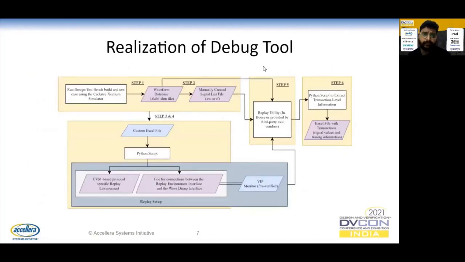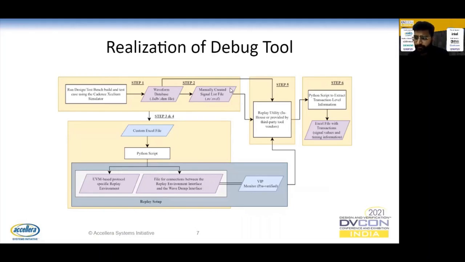Moving further, let us have a look at the implementation of the tool. Basically, this part of the diagram shows the normal flow as we do simulation in test benches. We get the FSDB files, and we have a signal list here, so this is the normal flow.